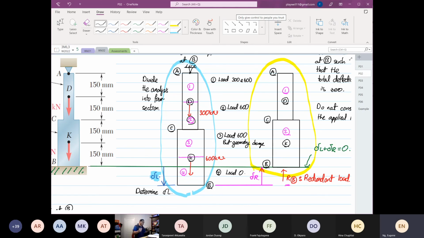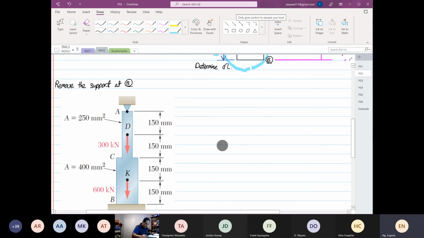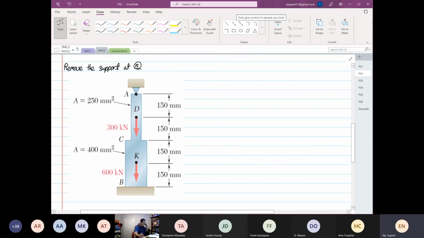Again, we do not need to use the part where there's a change in material, as everything's made of the same material. Then we go over here. We are going to calculate deflection. So now we're going to remove the support at point B. I can't crop this diagram.